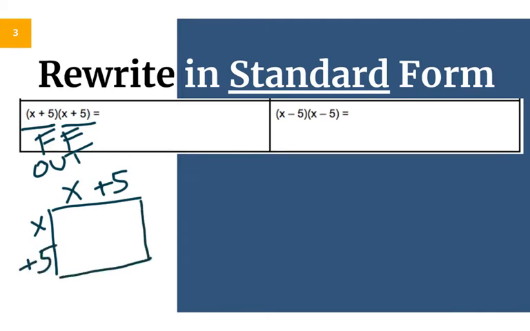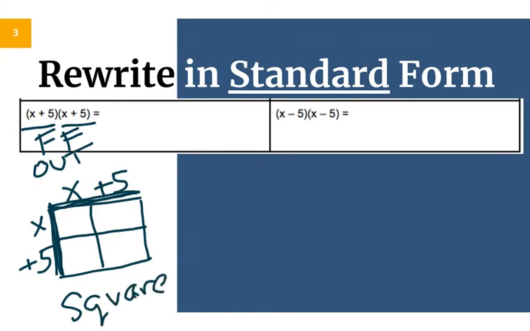Now, even though I didn't draw it to look the same, because I just didn't draw it perfectly, you can look to see x plus 5 is exactly the same expression as x plus 5. So this is a square, right?